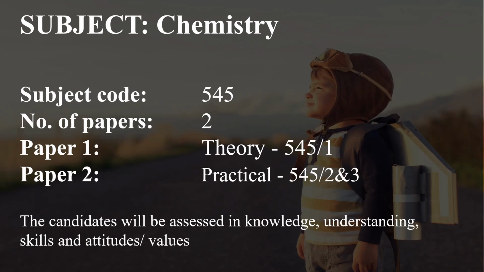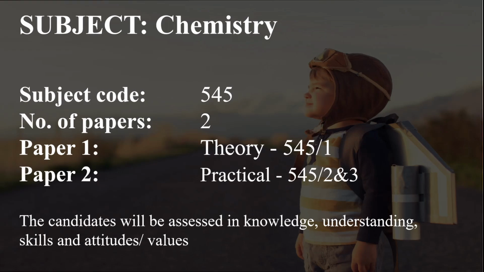It is either code 545-2 or 545-3. Now the candidates will be assessed in knowledge, understanding, skills, attitudes and values. So all these are the areas to which each learner is going to be assessed.